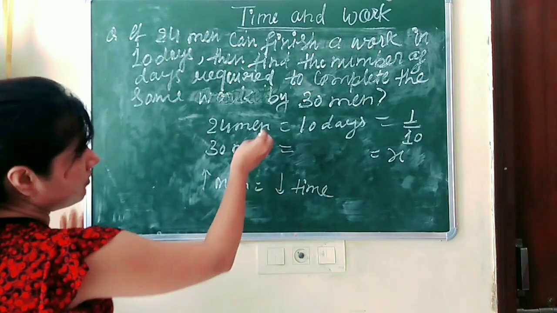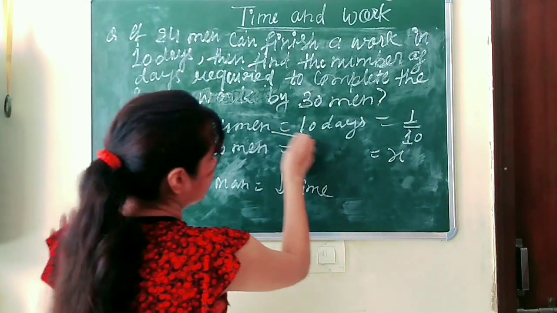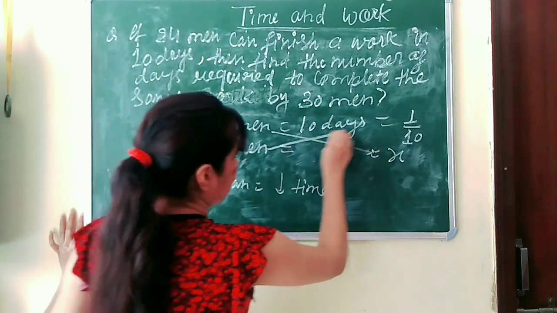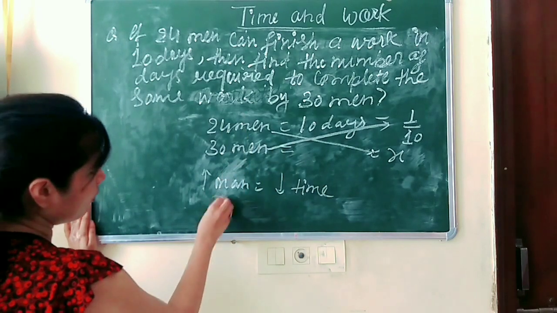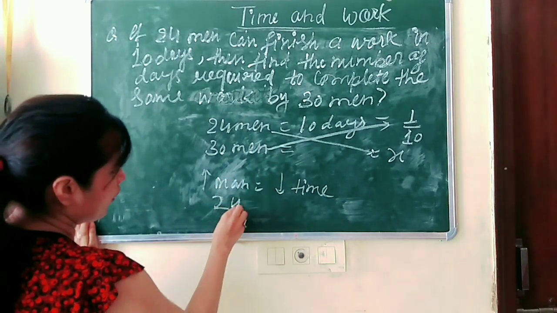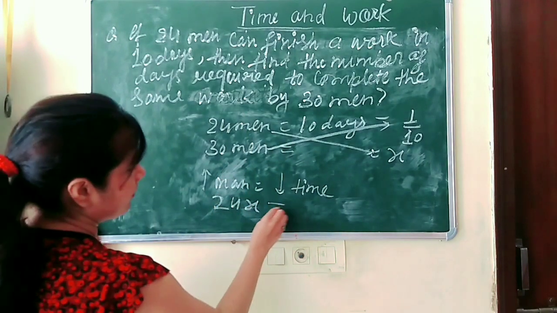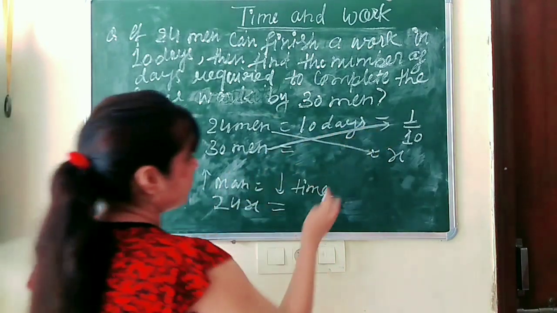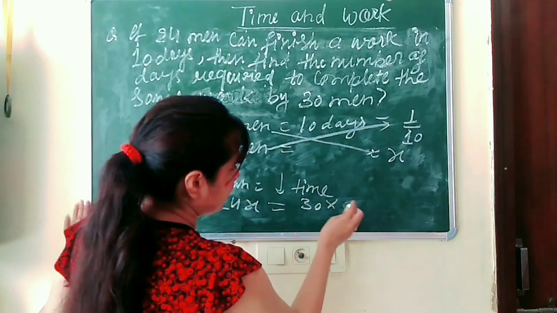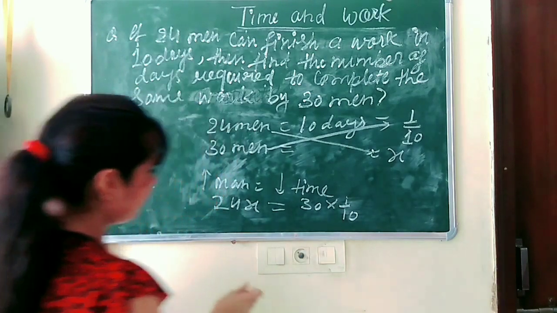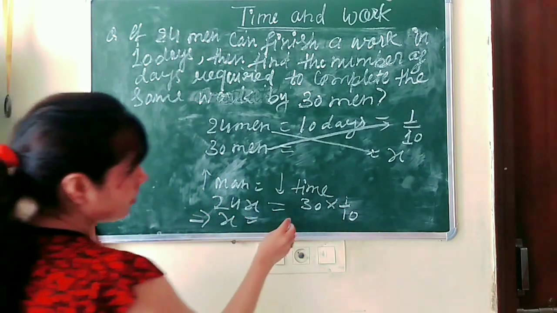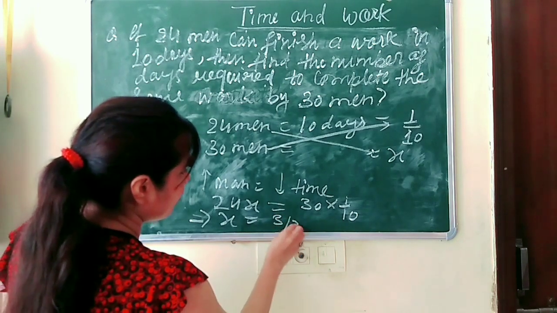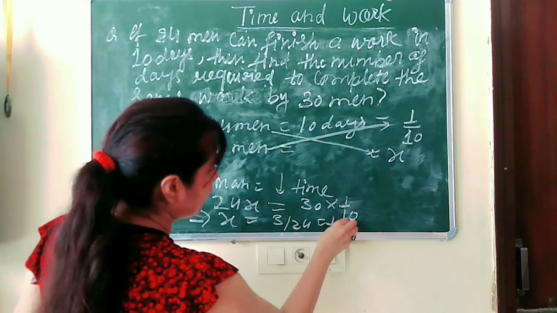So we simply cross multiply this, like this. So we get 24 cross X equal to 30 cross 1 by 10. So X equal to 3 by 24, that will be 1 by 8.